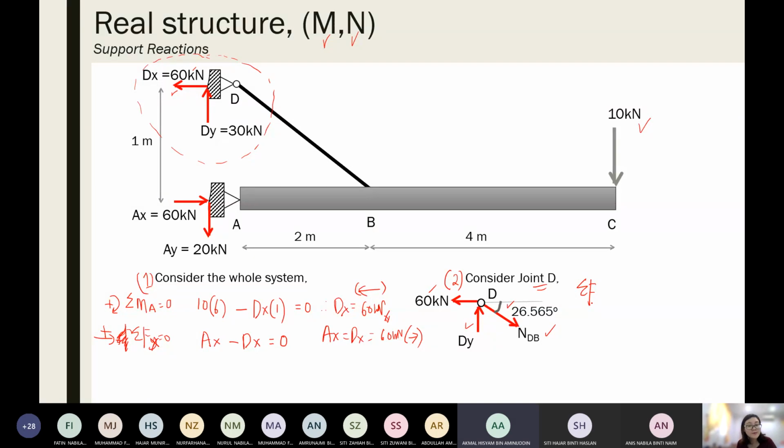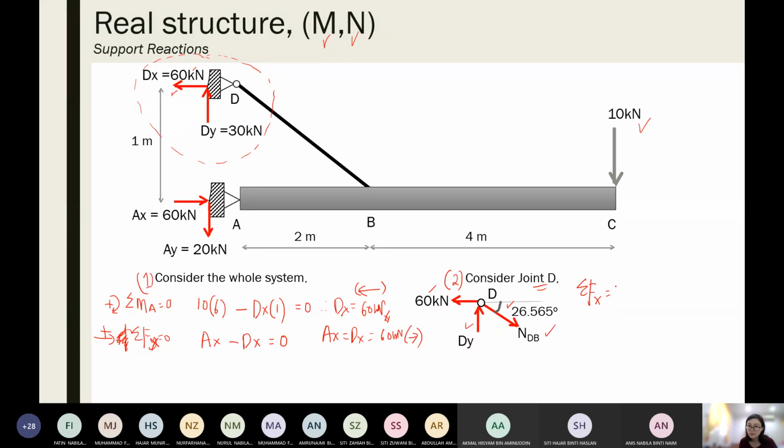If you take summation Fy, you are going to have two unknowns, Dy and NDB. You can do it, but creating this equation will not give you the answer yet. So I will start at x first. There is no problem if you want to start y first, but that equilibrium will not give you the answer directly.